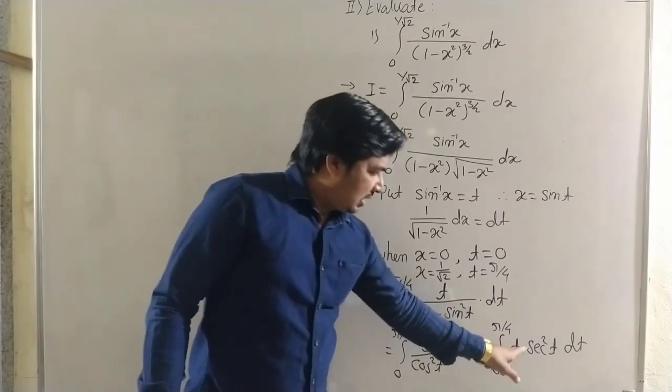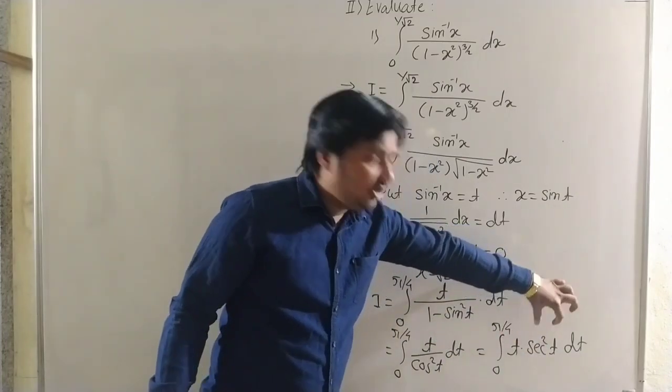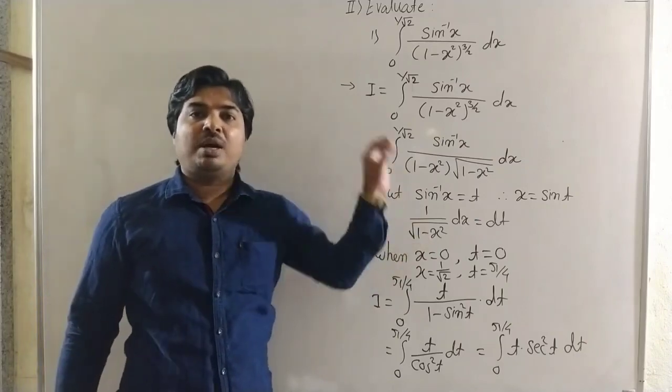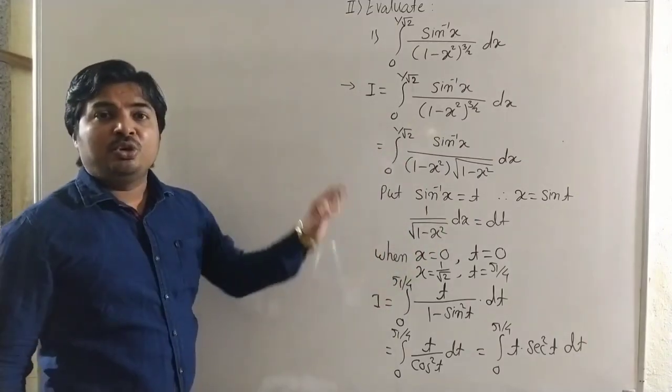Okay, t into sec square t, and now the integral of this function t into sec square t, by using integration by parts, that is u into v, and here the limit is 0 to pi by 4.